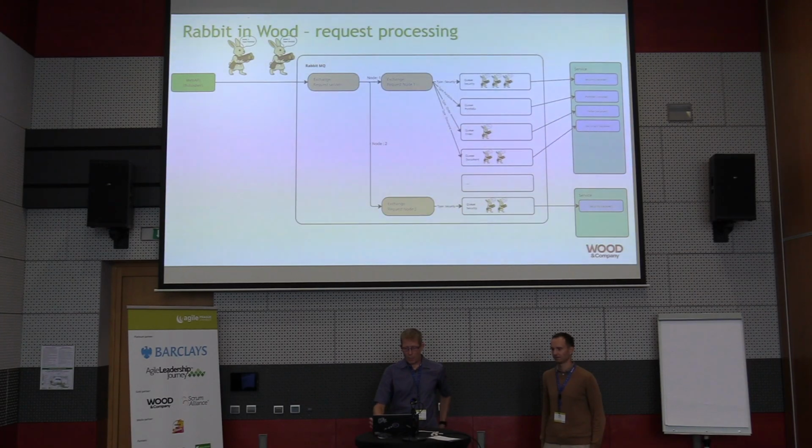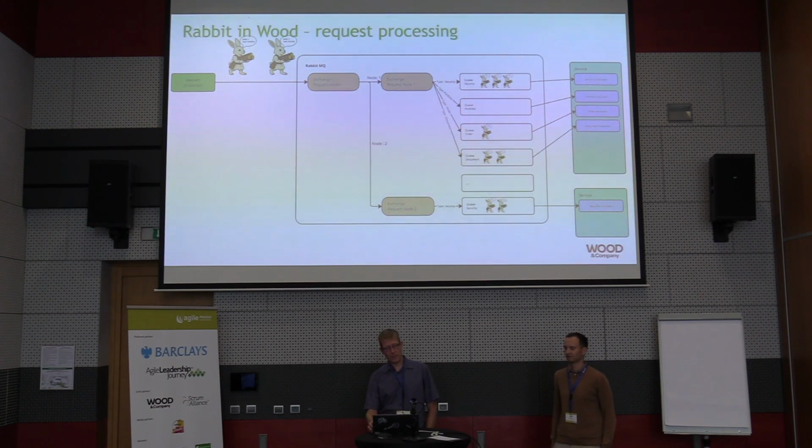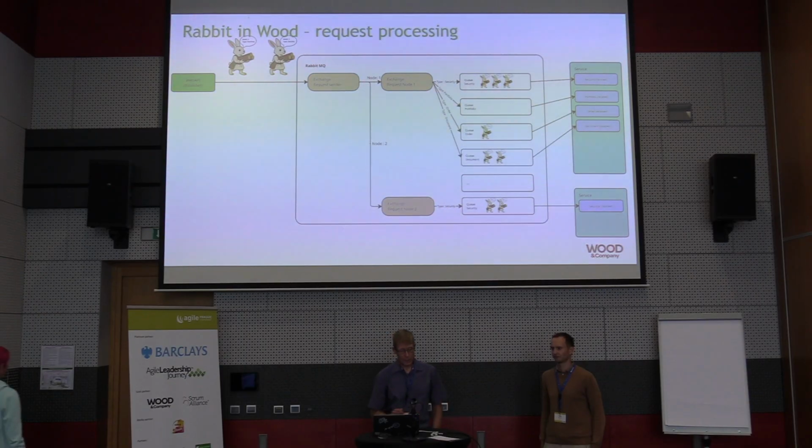So now I prepared request processing in RabbitMQ. As I said, the Web API transforms the HTTP request to a message, and this message has two main headers. First is node, and the second is type.